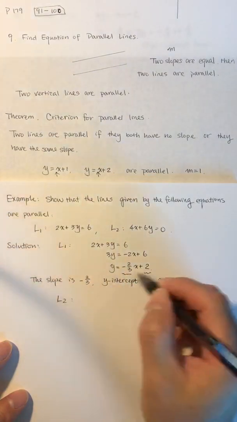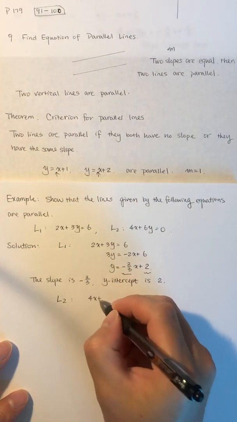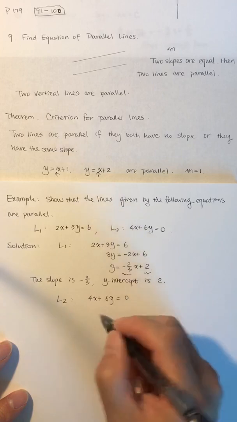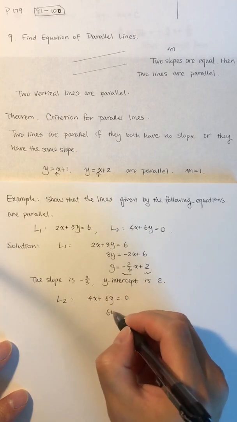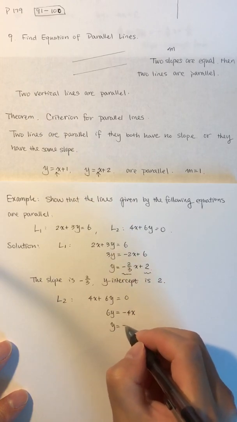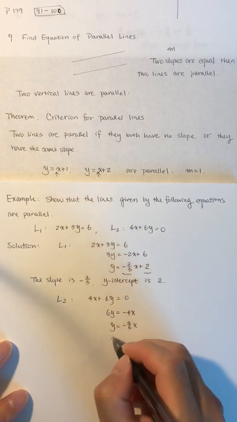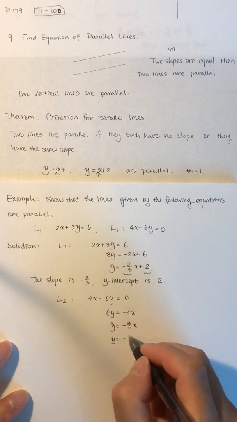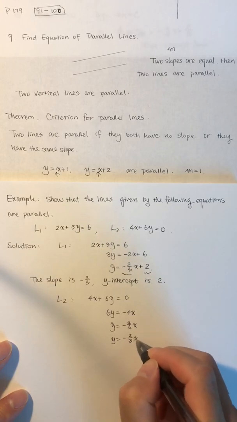For L2, 4x plus 6y is equal to 0. We move 4x to the right side, negative 4x, and divide by 6, y is equal to negative 4 over 6x. Negative 4 over 6, you cancel 2, you get negative 2/3 of x.